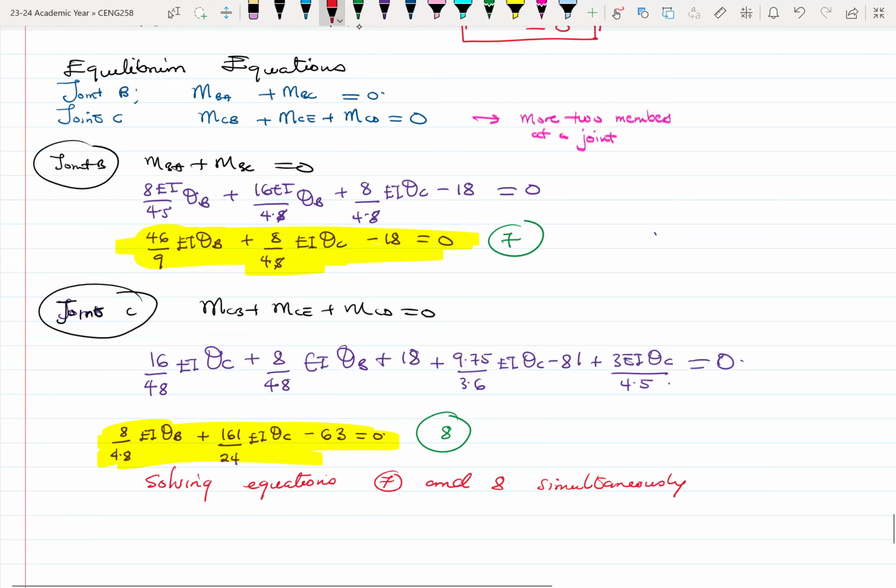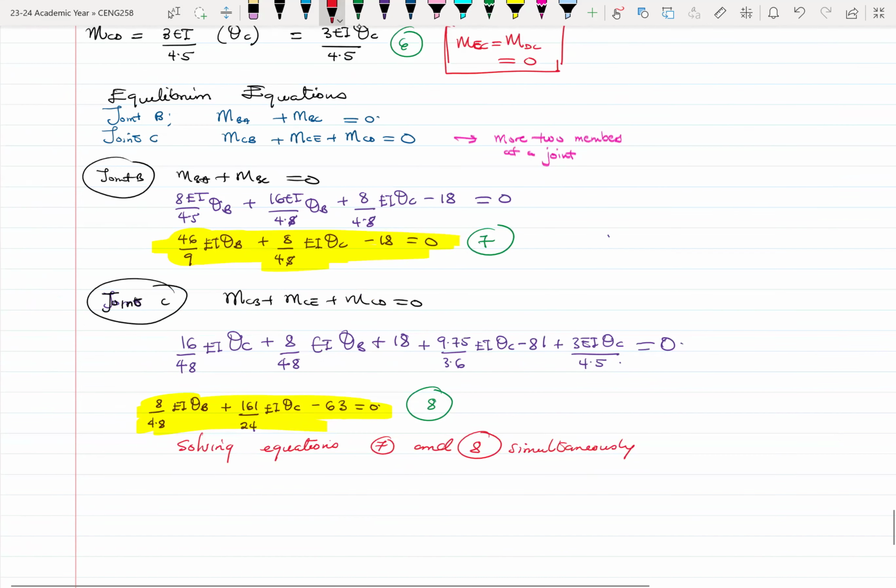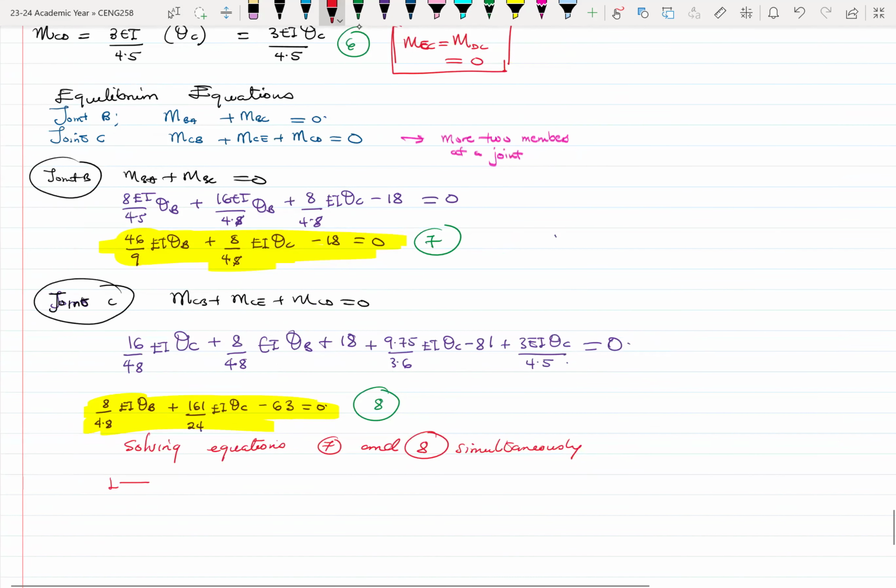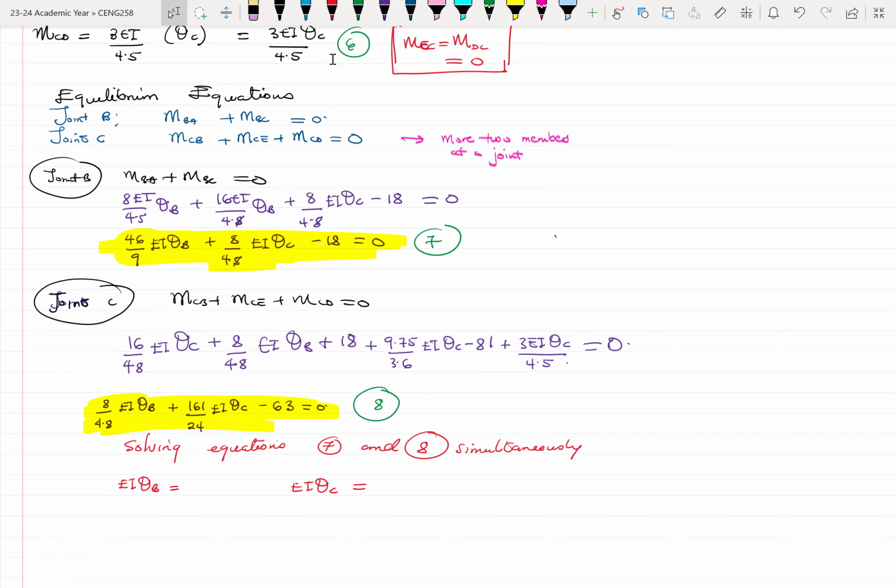So we'll have values for EI theta B, and then values for EI theta C. All right. Yeah. So this we can do with our calculators easily. They have to do it from first principle.